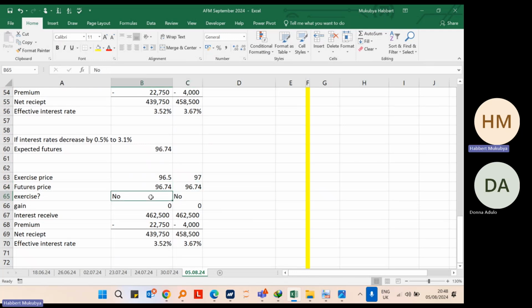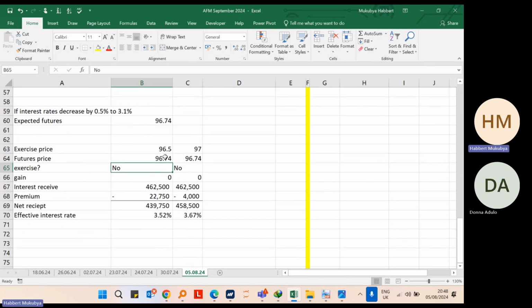So we have to choose here based on the fact that you can buy at 96.5 using your option, of which if you don't use it, you buy at 96.74. So you exercise here, right? Even here, because you are buying at 97, here I don't exercise. Because if you exercise, you buy at 97, yet if you don't exercise, you get 96.74 here. So here you still stay, no exercise.